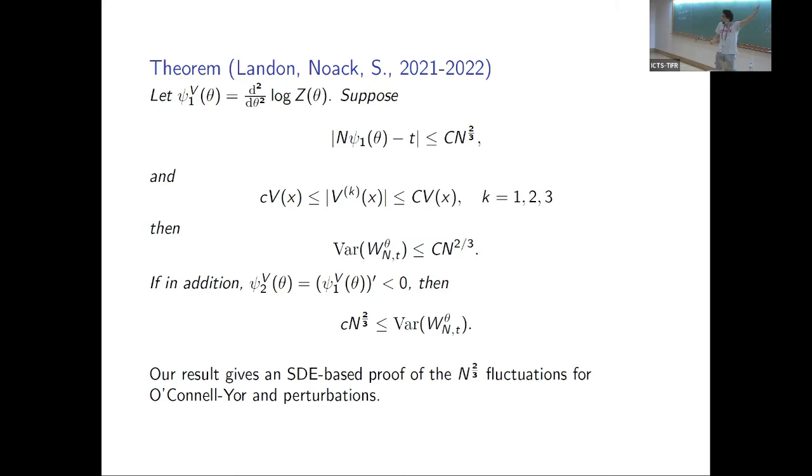Of course, we know that we need some condition, because I told you for the Gaussian case, the fluctuations are smaller if we just look at a quadratic potential. And in passing, our result also gives an SDE-based proof of the n to the 2/3 fluctuations for the O'Connell-Yor polymer. So you don't actually have to know that it comes from a Gibbs measure.